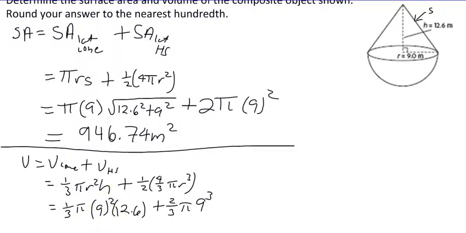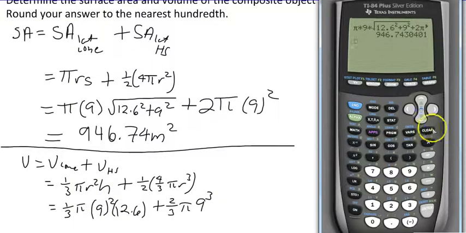Excuse me. Calculator. Clear. It's like defibrillating. Clear. Pi 9 squared 12.6. Well, it's kind of ugly, but it actually works, right? I mean, order of operations, it's got to do the brackets, it's got to square the 9, and then it's going to go through and multiply, right?